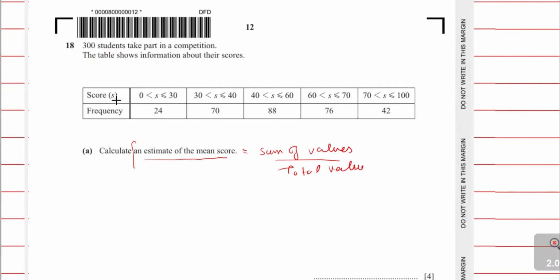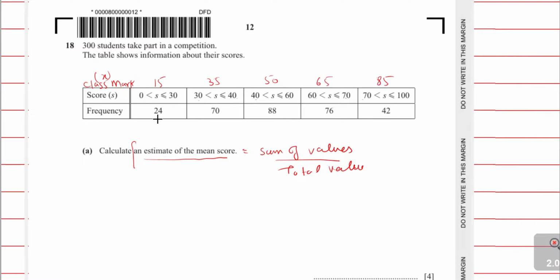To calculate the sum of values, firstly we will calculate the x. This is the class mark. This is the middle value of the score. And here the middle value of 0 to 30 is 15, and 30 to 40 is 35, 40 to 60 is 50, 50 to 70 is 65, and 70 to 100 is 85.